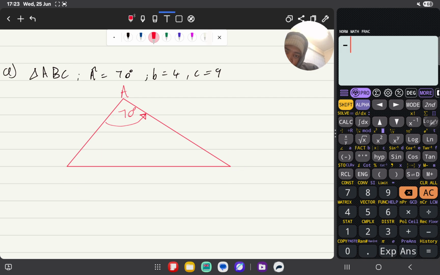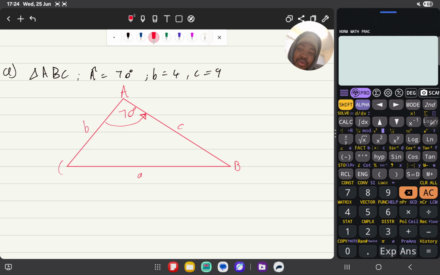Wait, let me see. This has to be C, and this will be B, and therefore this will be small c. This is A, and this is B.